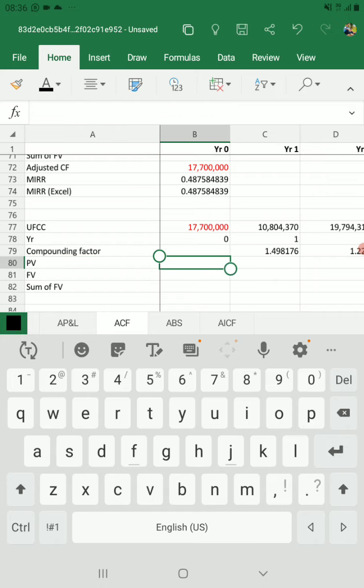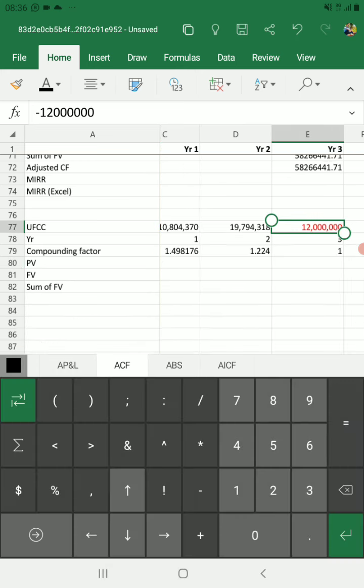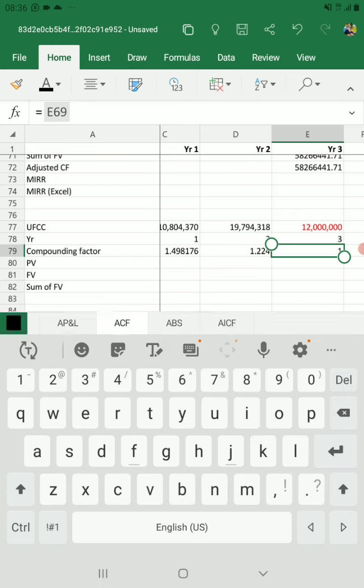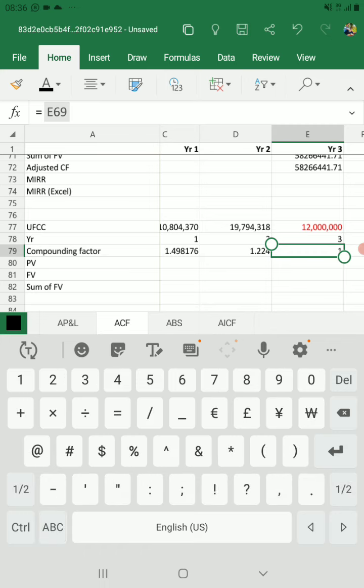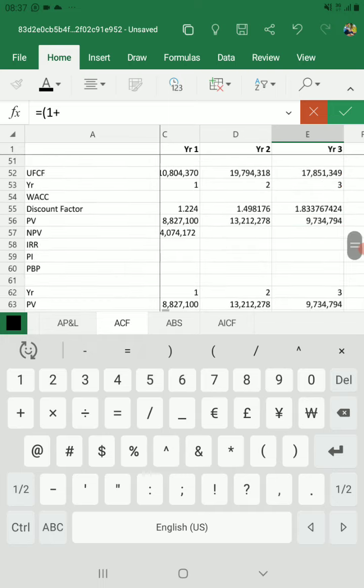And in our case here, this one, so instead of applying compounding factor for this one, we are applying discount factor. So the formula here will change. Okay, so the discounting factor here will be, start with equal sign, open the bracket, 1 plus R, cost of capital.